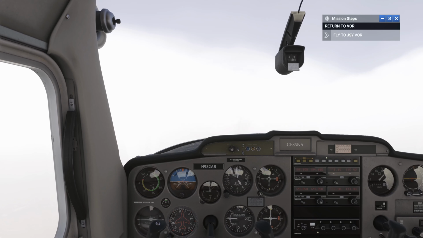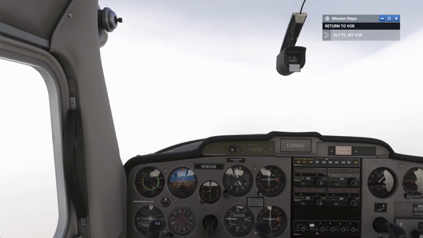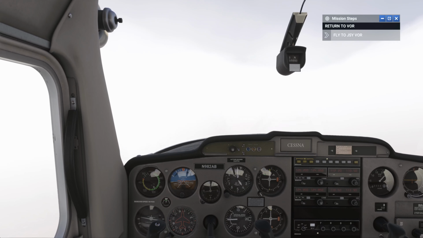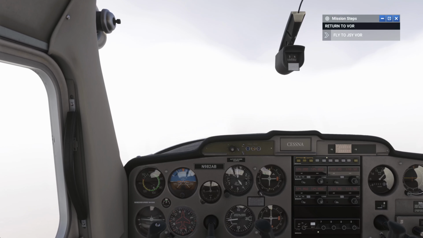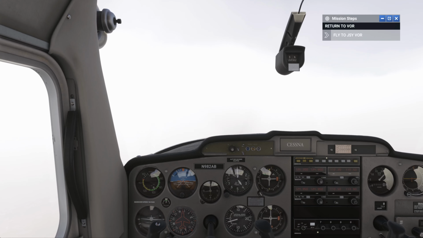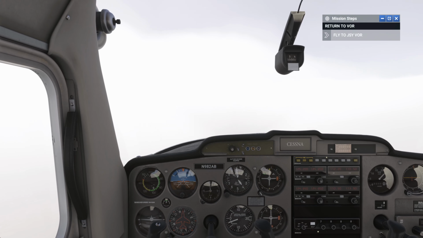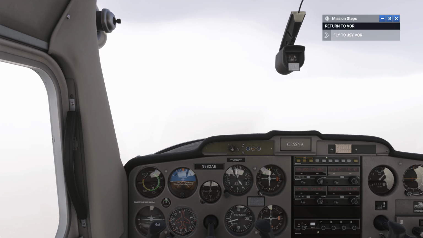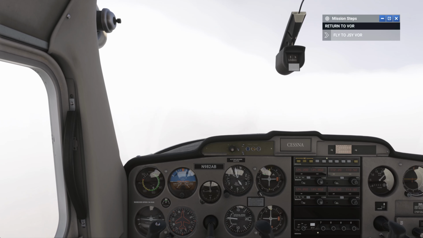Well, it looks good. We are not exactly on 020 right now, so the needle slowly moves to the right. That means we're heading. VOR needle is still centered up.